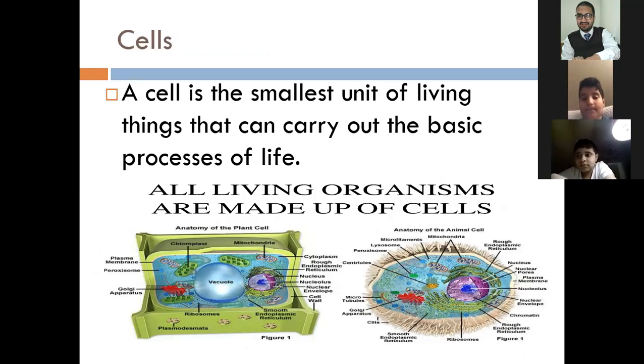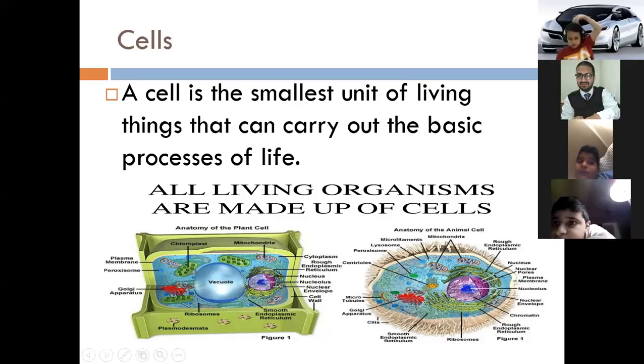What do you mean? What does life need? Life needs to reproduce, life needs shelter, life needs food, life needs respiration. Everything you are going to do in your life should be a part of a cell. So a cell can perform everything.